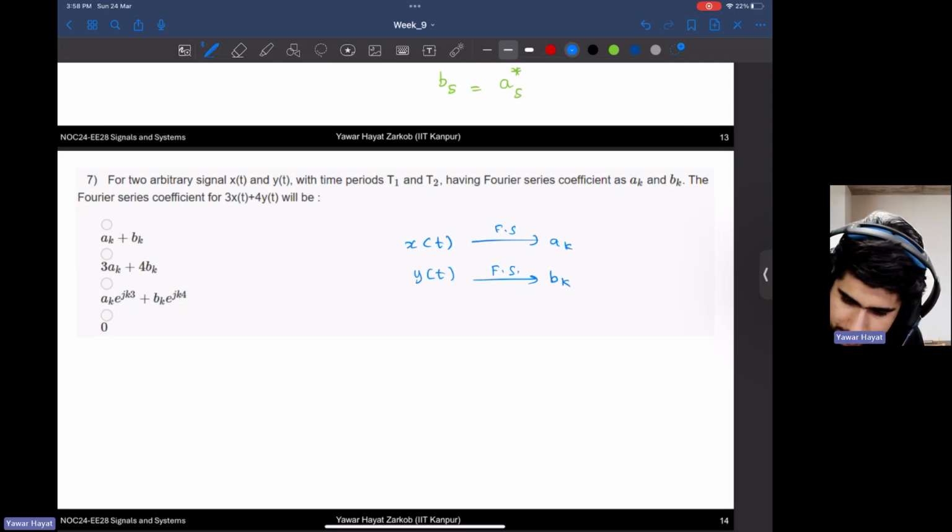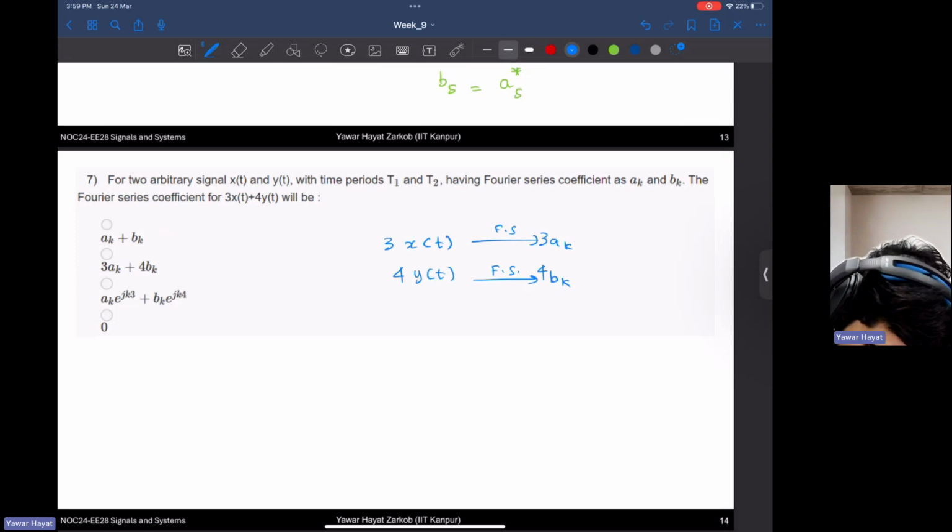So 3 times x of t would have Fourier series coefficients 3ak, and 4 times y of t would have Fourier series coefficients 4bk, right? I've used the homogeneity of Fourier series coefficients up to this point. Now I'll use the superposition.